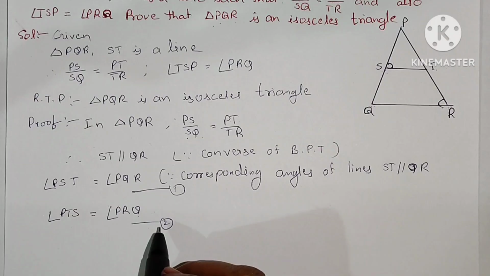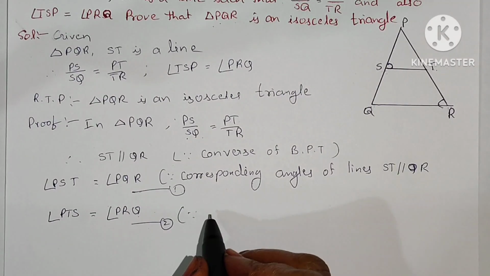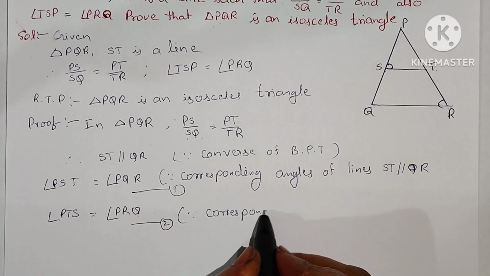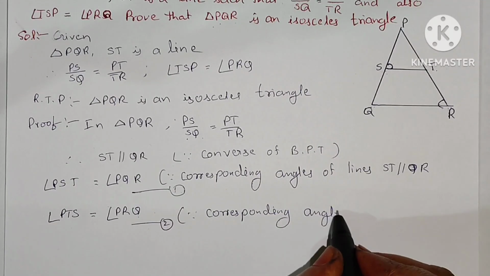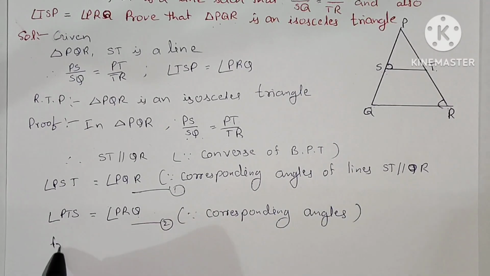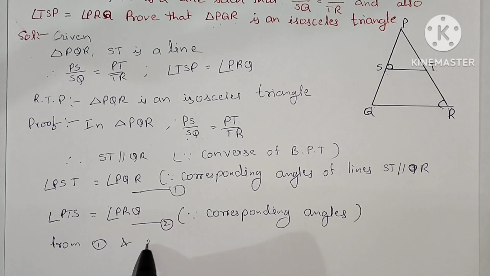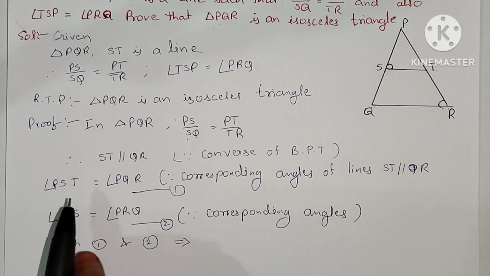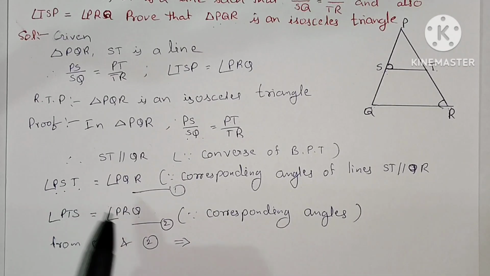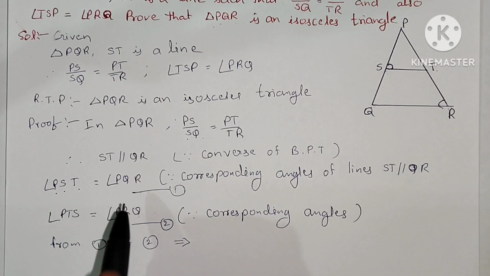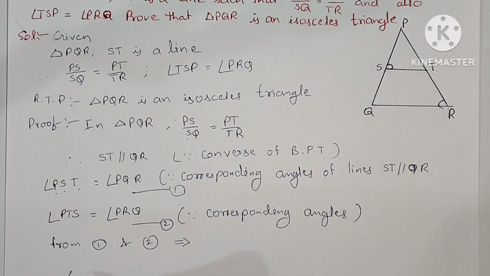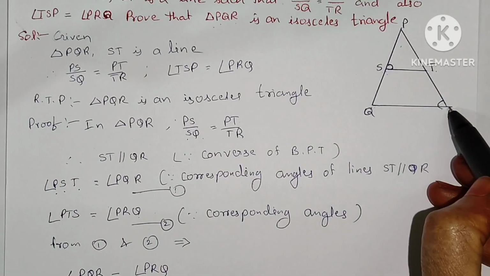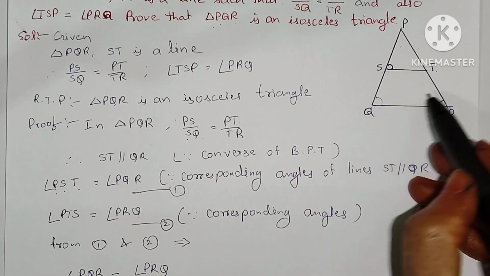These are also corresponding angles. This is equation 2. From equations 1 and 2, angle PTS and angle PST are equal, so angle PQR equals angle PRQ. These two angles are equal.